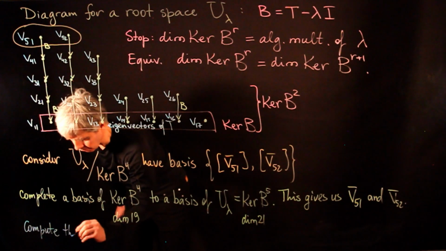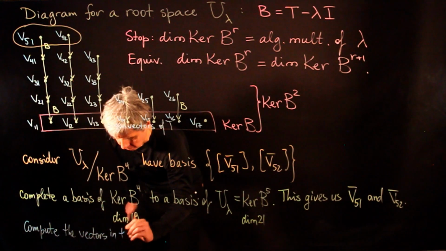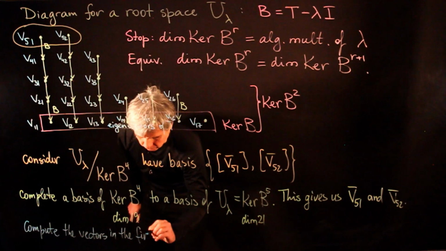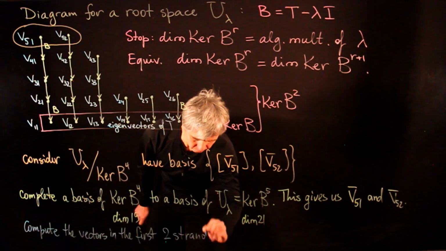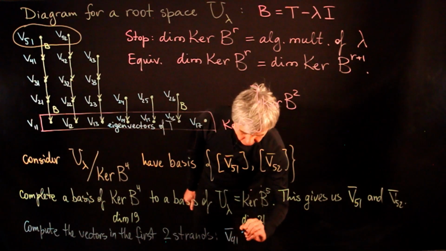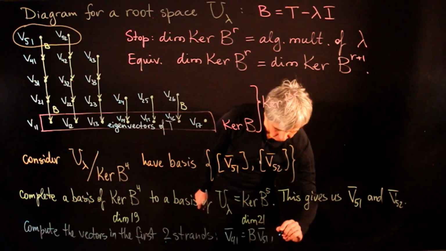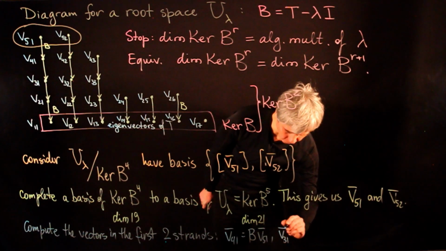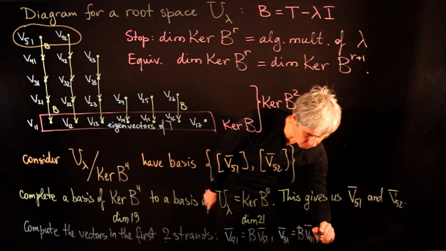Once we have these 2 top vectors, then we compute the vectors in the first 2 strands. So v41 will be b applied to v51, v31 will be b applied to v41, and so on.